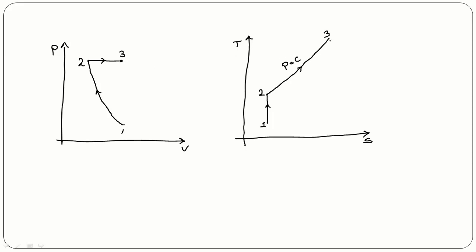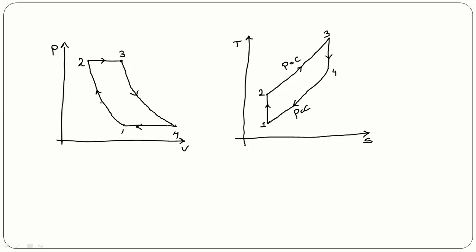Then process 3 to 4 is isentropic expansion. It is represented as a vertical line pointing downwards, and it comes like this. Now 4 to 1 is constant pressure heat rejection. Constant pressure heat rejection is represented in the TS diagram like this, whereas in the PV diagram you will get a horizontal line like this.